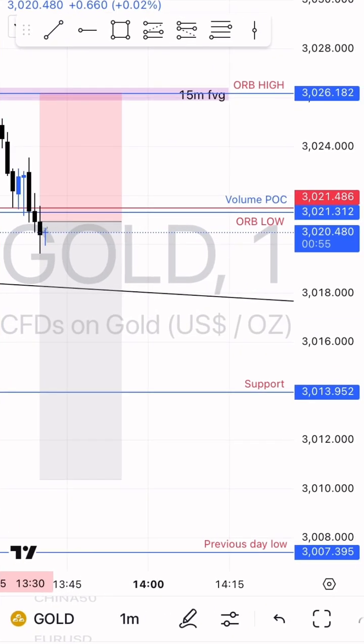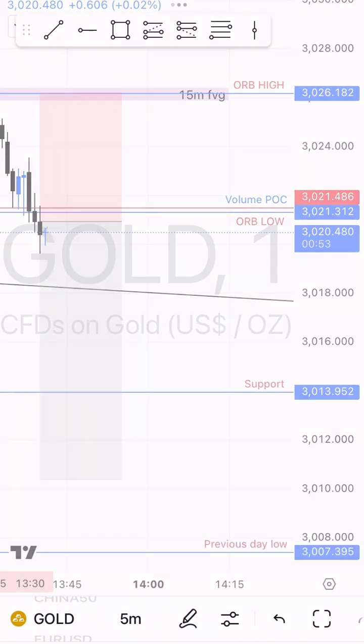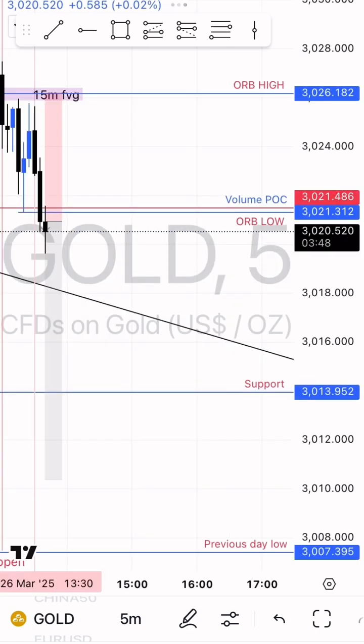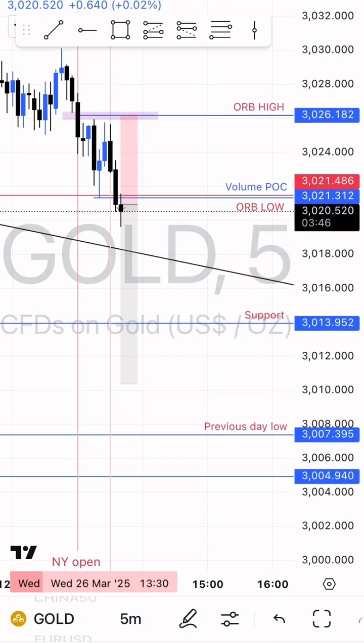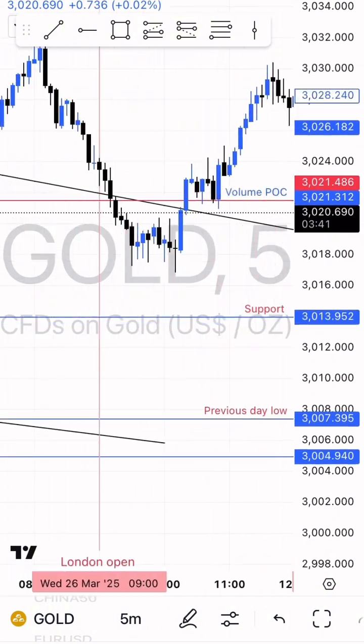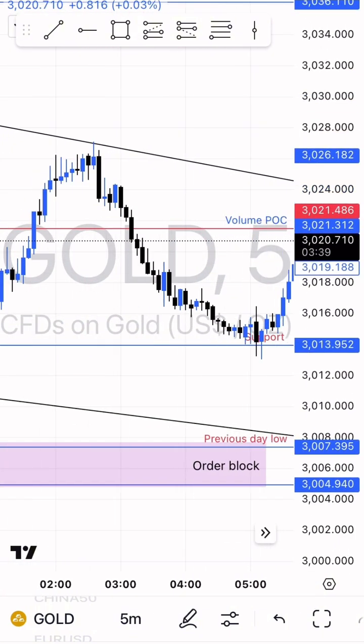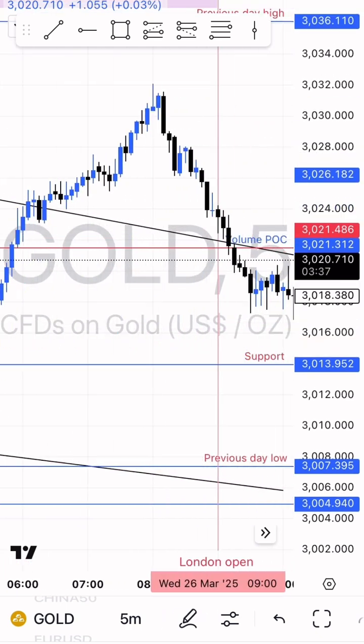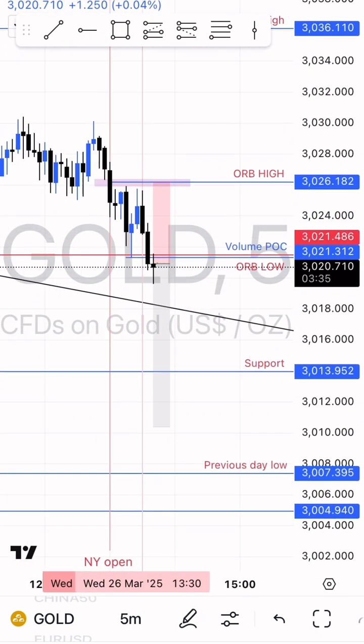Now I'm going to the 5 minute time frame to look at what I'm doing here. And what do I see on the 5 minute time frame? Okay, it's actually going down. All right, I'm just going to hold it. I have a resistance trend line that supported and broke up higher.